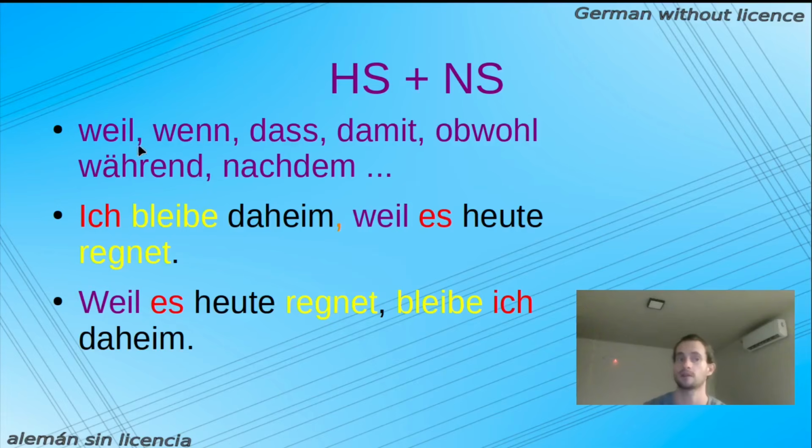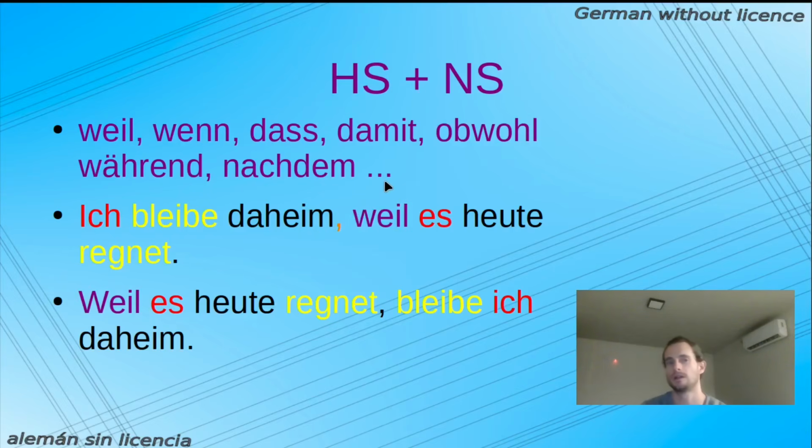Examples are weil, which we had already and which means the same as denn, just the order is different but the meaning is the same; wenn, if or also when, literally; dass, that; damit, so that; obwohl, although; während, while; and nachdem, after or afterwards.